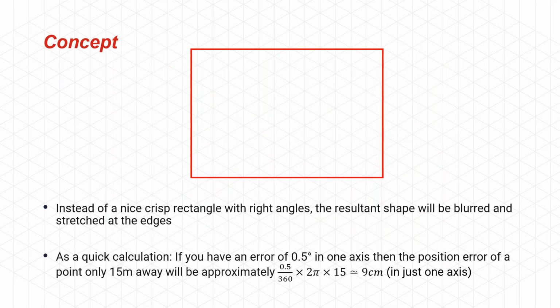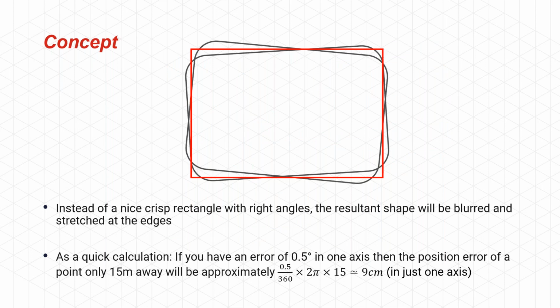Instead of a nice crisp rectangle like you see here, you start to get overlapping blurred images until the final point cloud is blurred itself. And it can be very difficult for many applications, particularly intelligent classification, or just measuring distances or measuring volumes, for example, if you've got this kind of distortion in your point cloud.